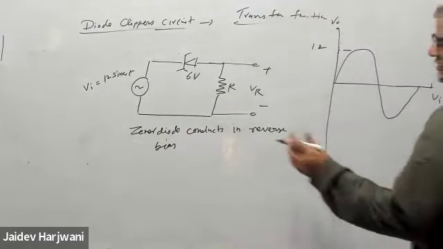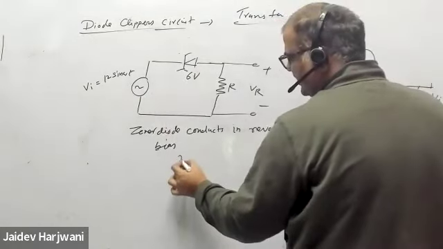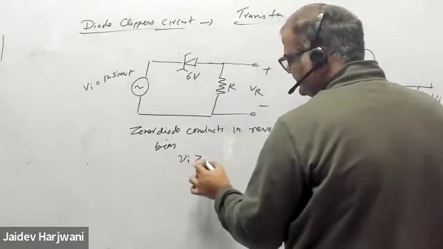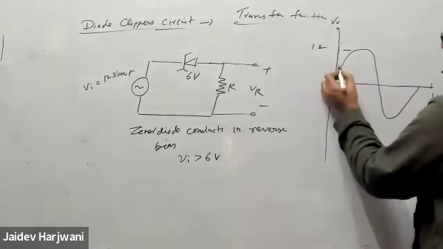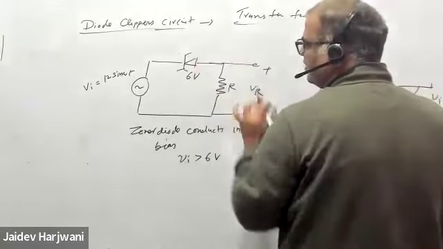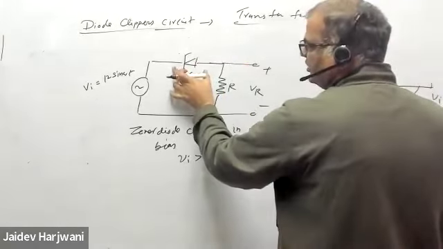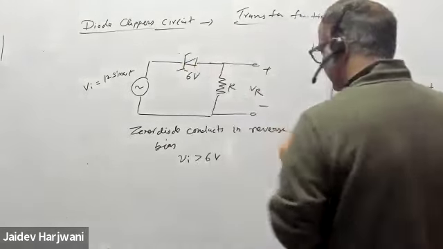So when Vi is greater than 6 volt, this will become on. Once this is on, the voltage here will become 6 volt, so automatically the output will become 6 volt.